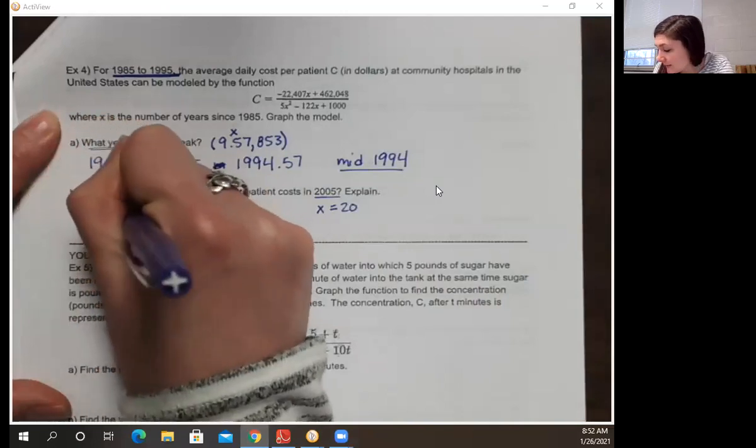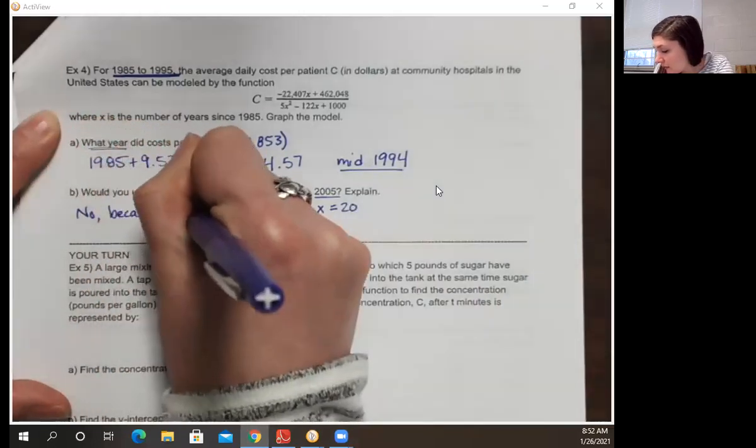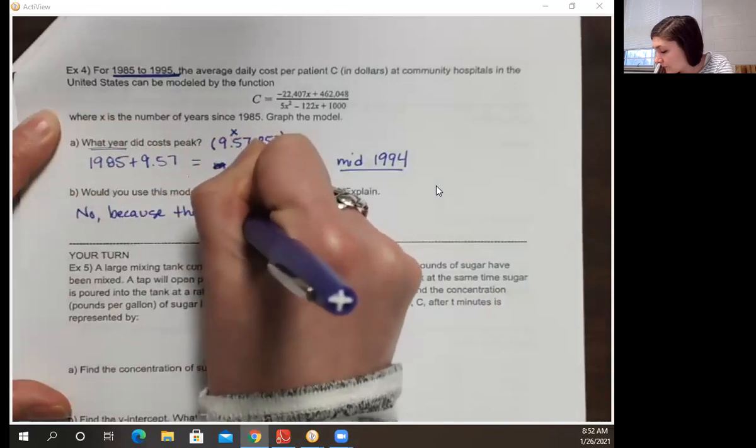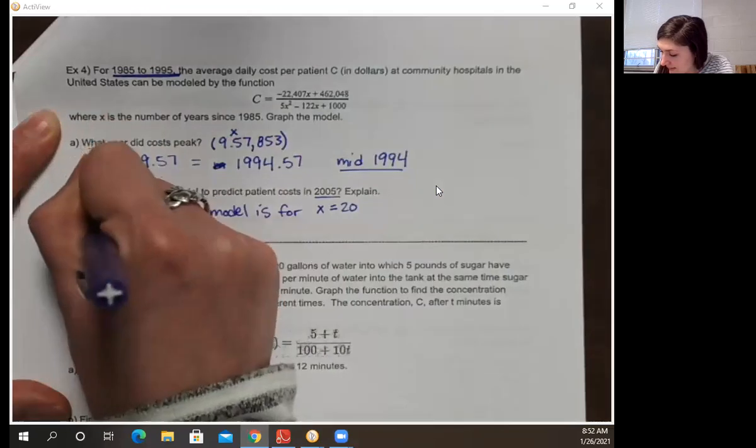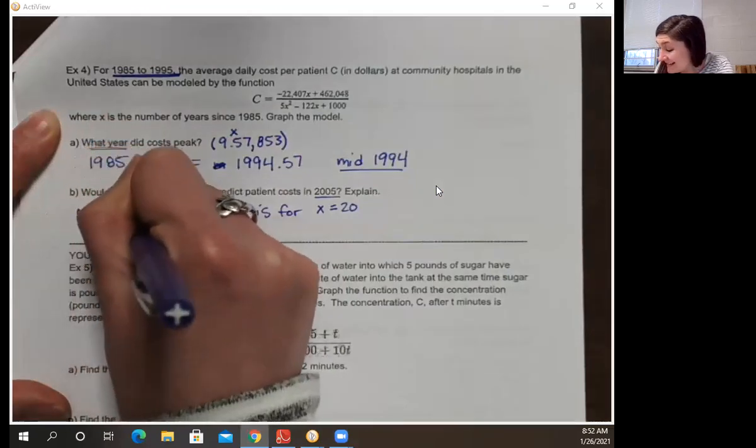No, because the model is for 1985 to 1995.